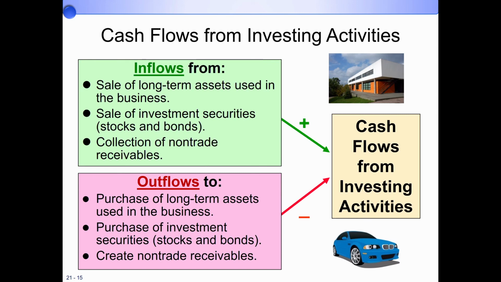Any cash inflow or outflow related to those will be classified in these categories. For example, purchasing long-term assets, say we purchase a building or equipment, we spend cash, so we have a capital outflow.